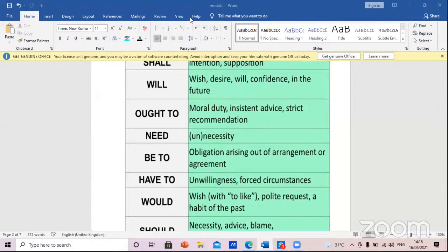But the models you have been given in the grade 11 textbook, I will tell you them also. I will highlight them, don't worry. I just mentioned these things. It is good that you know all of them because you can use them in your essays, when you are writing a dialogue.